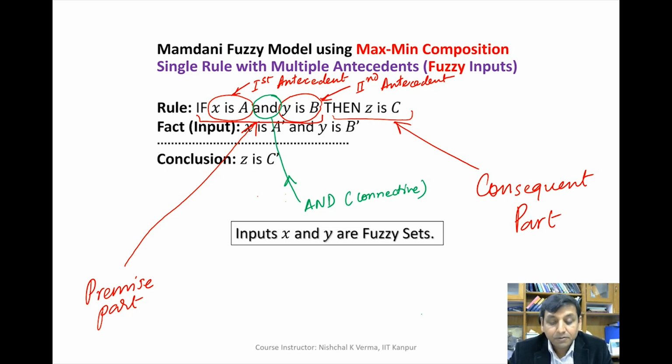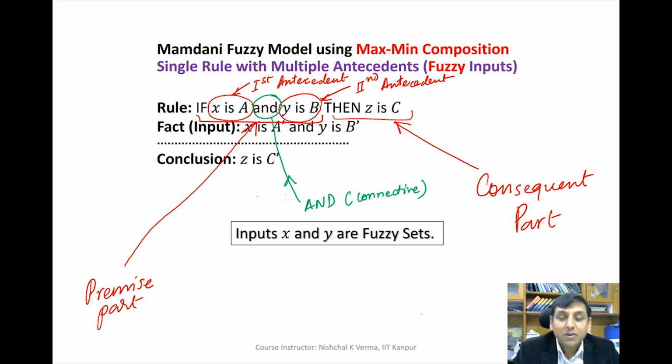So in this premise part, which is fuzzy, we have two antecedents, and these have x, y as the generic variable values as the input. So x, y are the input. I hope this is very clear now. So with this, the Mamdani fuzzy model is available.